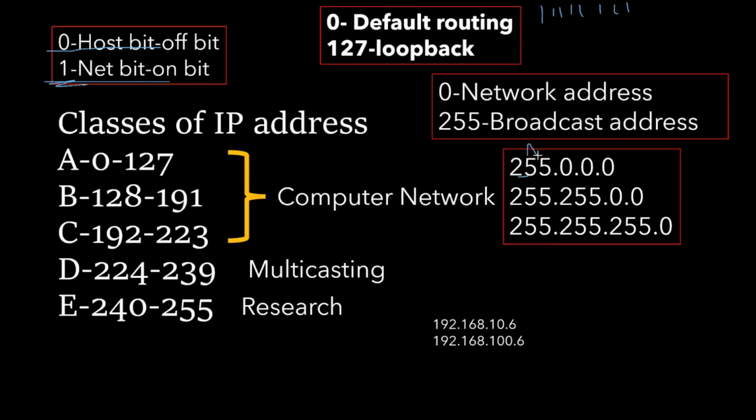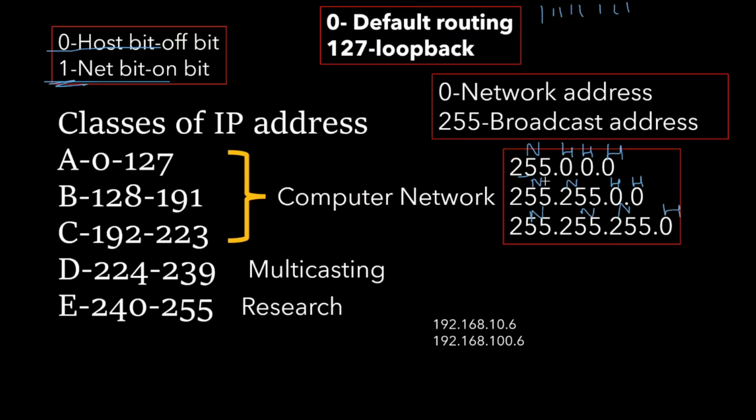In class A, the first part is for network; the second, third, and fourth parts are for host. In class B, the first 255 and the second 255 are network, and the last two parts are host. In class C, the first three parts, 255, are network, and the last part is for host. So that we have discussed.